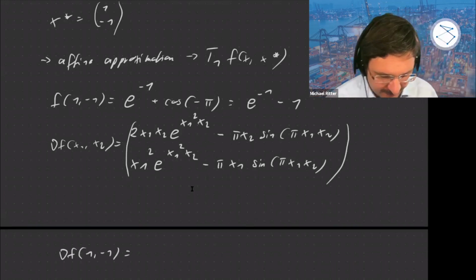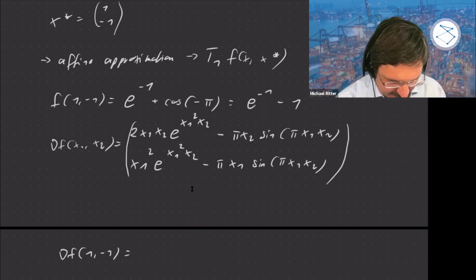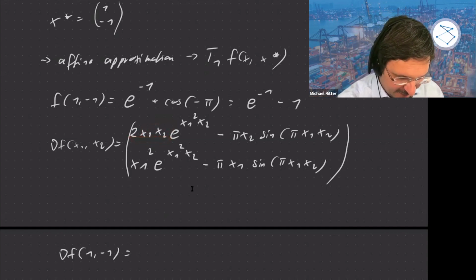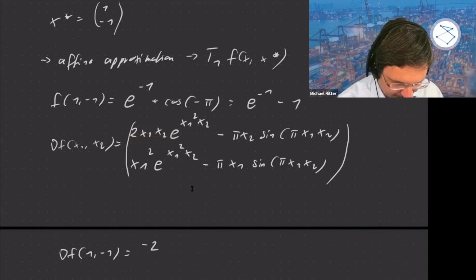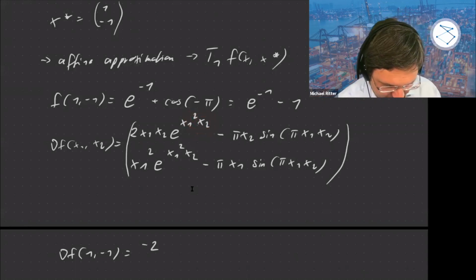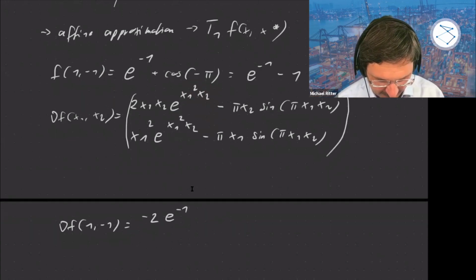And if we compute that, let's see, what we get is, so x1 times x2 is minus 1, so we get minus 2 here, minus 2. E to the power of 1 squared times minus 1, so e to the minus 1. Similarly here for that second part, it's e to the minus 1 times 1 squared.